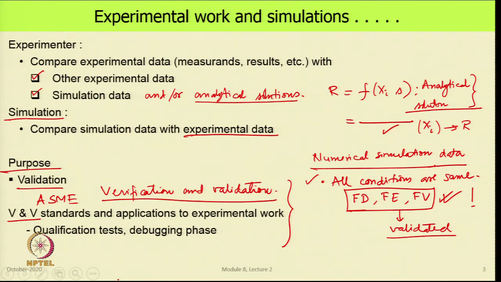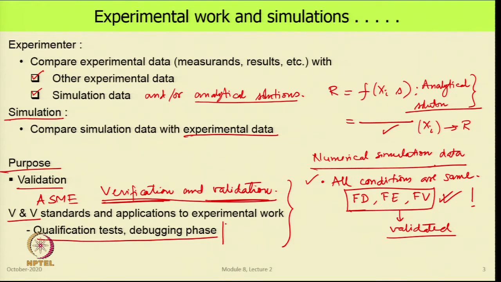For experimental work, the process of validation and verification we had come across during a phase of the experimentation, which was the qualification tests and the debugging phase.